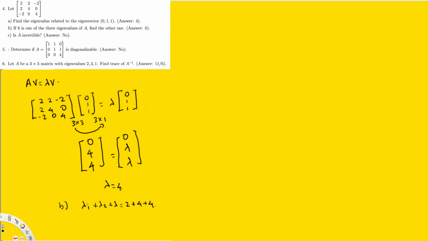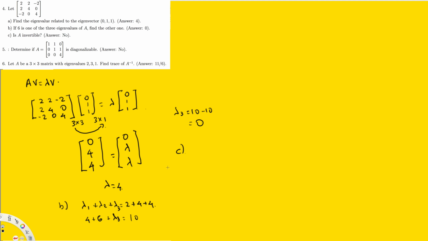We already found lambda 1 is 4, lambda 2 is provided, that's 6 in the question, and lambda 3 is what we have to find. 2 plus 4 plus 4 is 10, and 4 plus 6 is also 10. Therefore lambda 3 is equal to 10 minus 10, so lambda 3 is equal to 0.